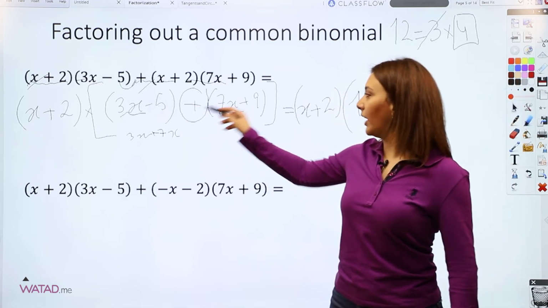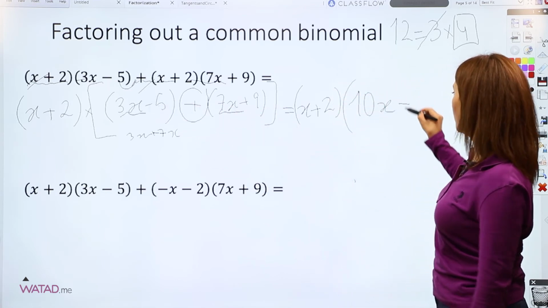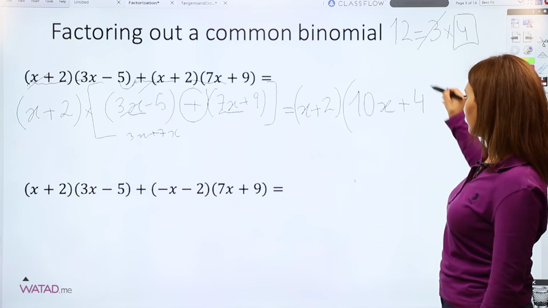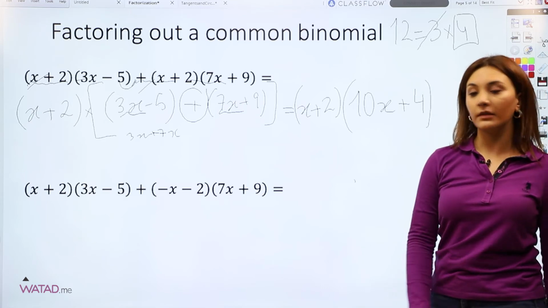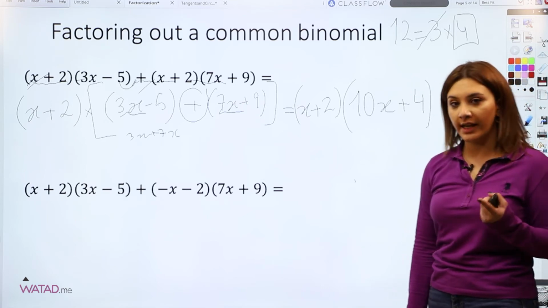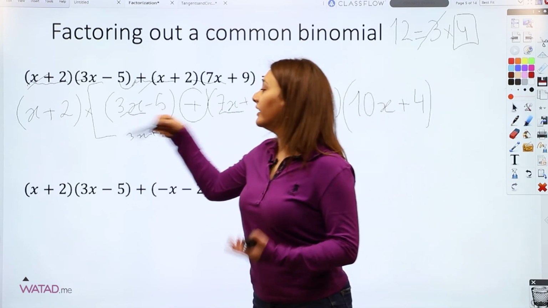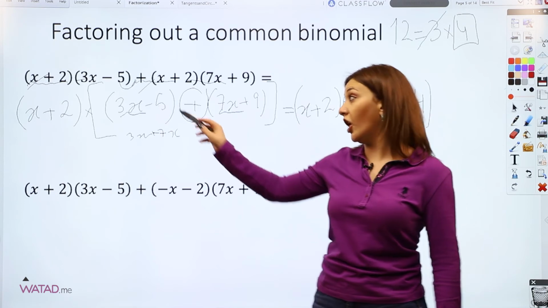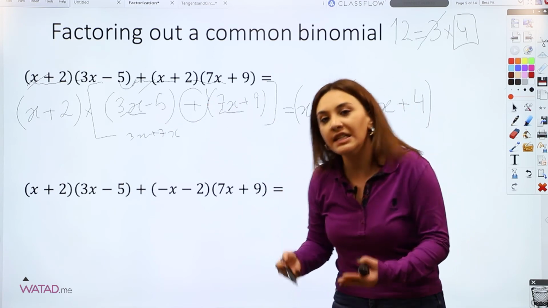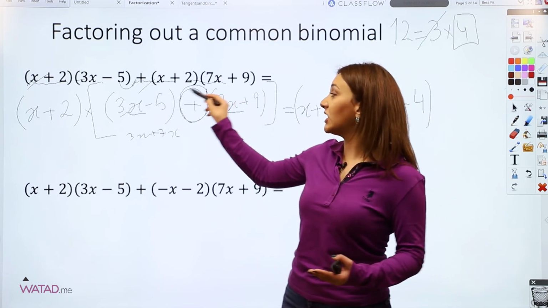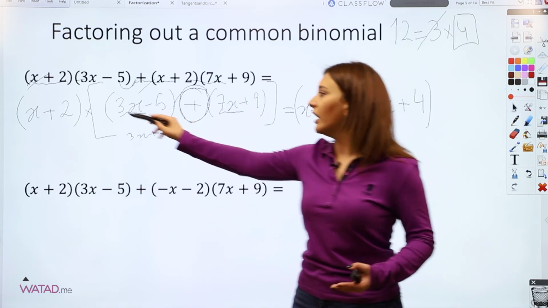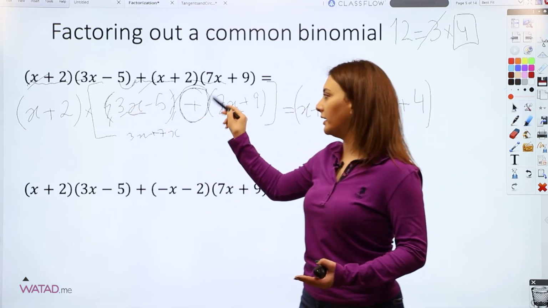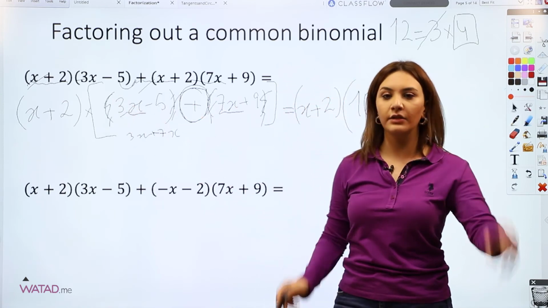Negative 5 plus 9, this is plus 4. Okay? If you are wondering how could I directly sum 3x and 7x whereas they are in parentheses, this is because I have a sum, I have a plus, so the parentheses do not matter anymore, as if they weren't there.